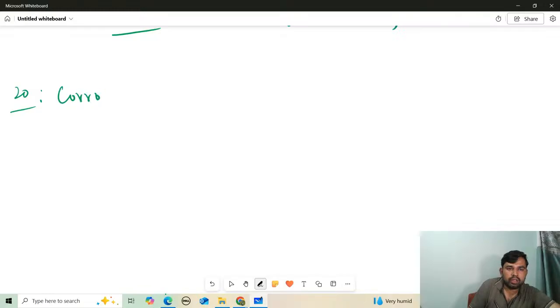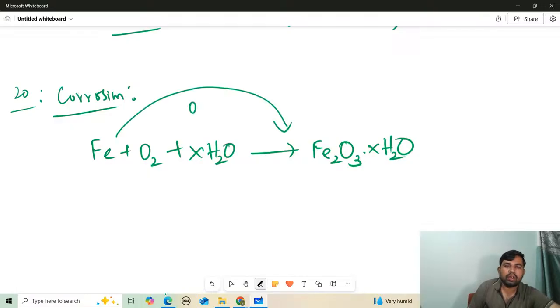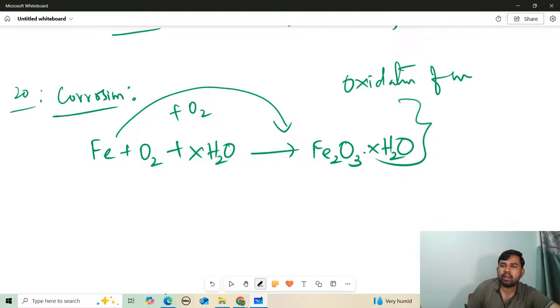Iron reacts with O2 and H2O to form Fe2O3·xH2O. The metal is undergoing the oxidation process by adding oxygen.